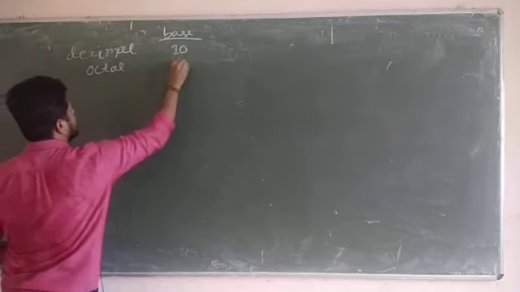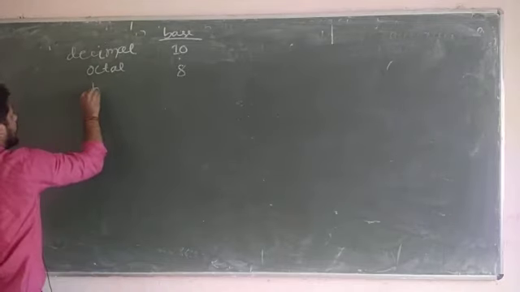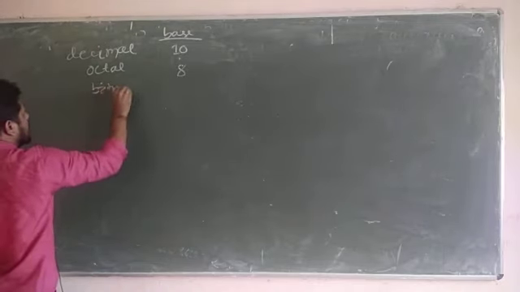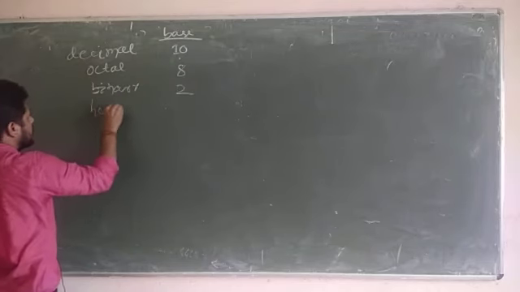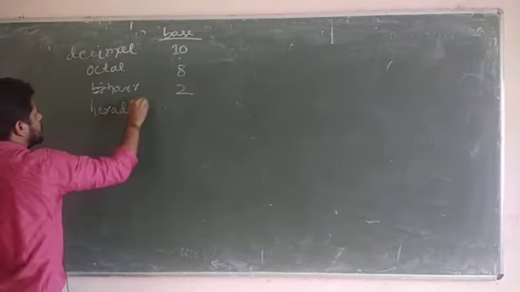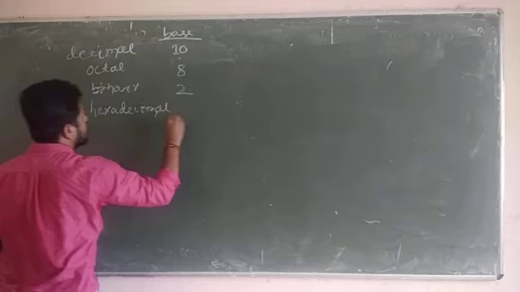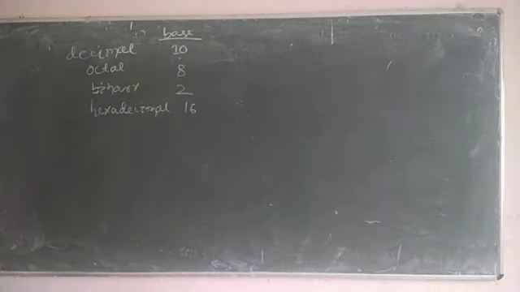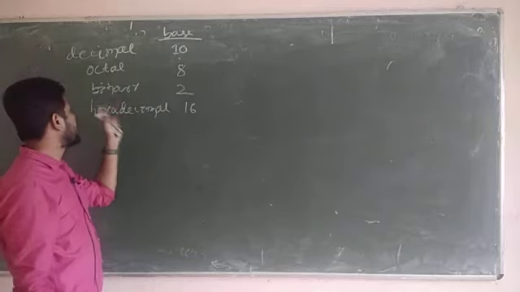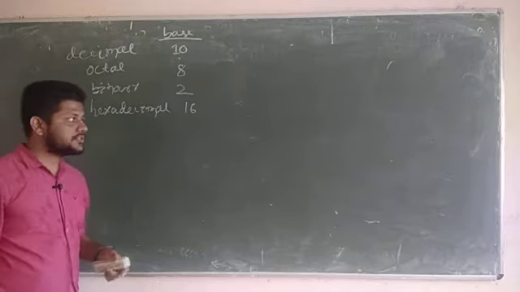For octal, base is 8. For binary, the base is 2. For hexadecimal, the base is 16. So you need to remember this: for decimal, base is 10, octal is 8, binary is 2, and hexadecimal is 16.